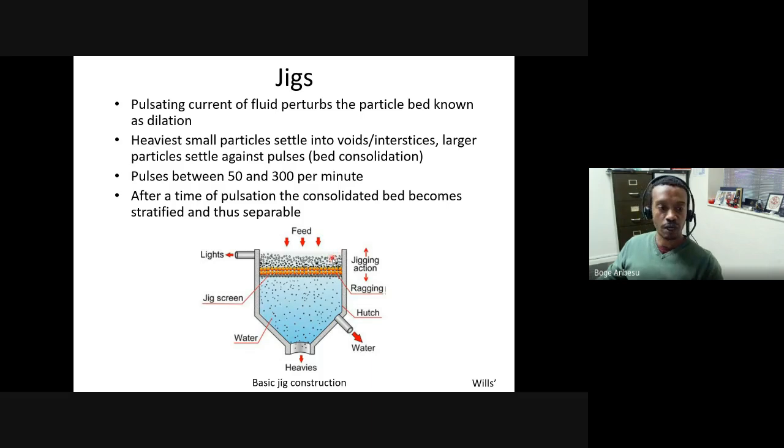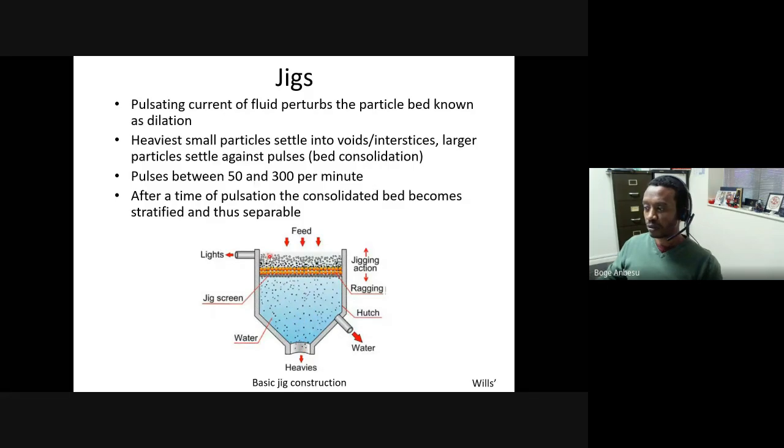When particles start to fall down, obviously the dense ones will fall first. Dense and small particles will fall quickly, and then the light particles will start to fall slowly. So again, typically what should happen is particles should segregate just based on how heavy or how light they are. Once the dense particles settle quickly first, they should hit the screen first, and therefore they should be allowed to pass through the screen, and they should be collected in the chamber and go down to the heavy section.